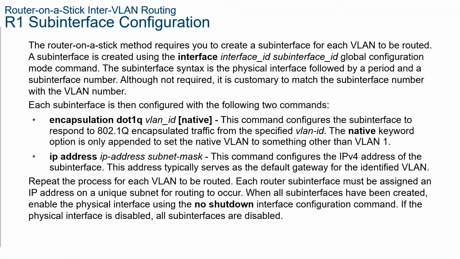Each router subinterface must be assigned an IP address on a unique subnet for routing to occur. When all subinterfaces have been created, enable the physical interface using the no shutdown interface command. If the physical interface is disabled, all subinterfaces are disabled.